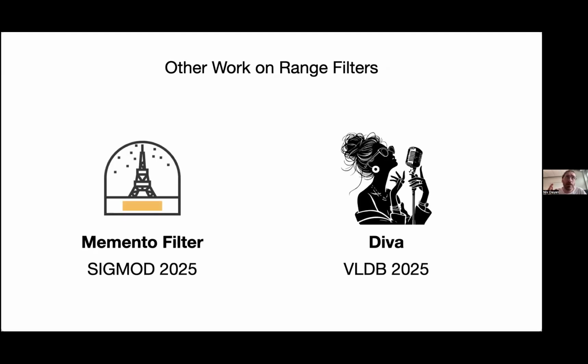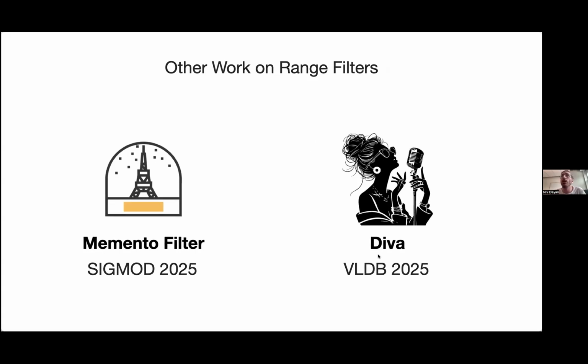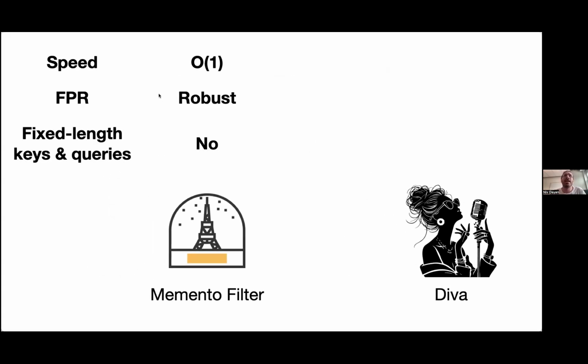Now, over the past decade, there has been a lot of work on range filters. We have two papers on this topic from 2025. One of them will be presented in Berlin at SIGMOD. The other one is conditionally accepted to VLDB, looking good. I'm just going to tell you a little bit about the trade-offs that they offer to show you what the space is like.